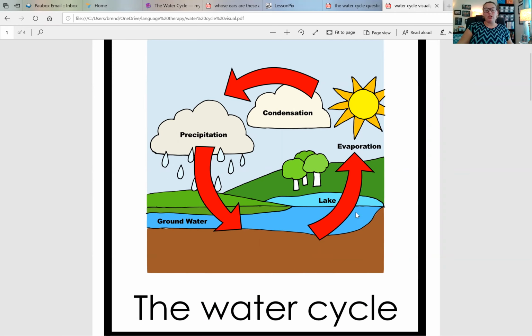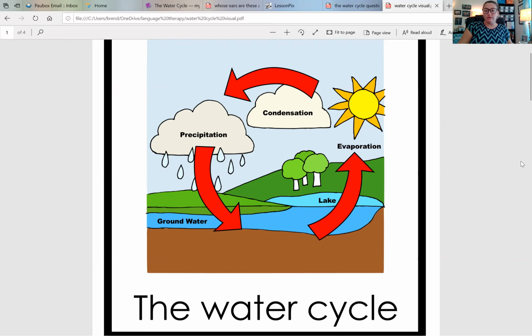So here we have a picture of a lake. Okay, so it could be any water. It could be water from a pond, could be just a puddle. It could be a lake like in the picture. And what happens is when the sun comes out nice and bright, it heats up that water. So when that water gets heated up, it turns into vapor, and then it goes up into the sky.